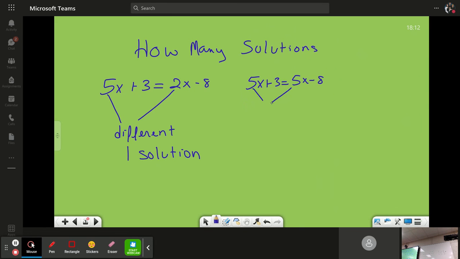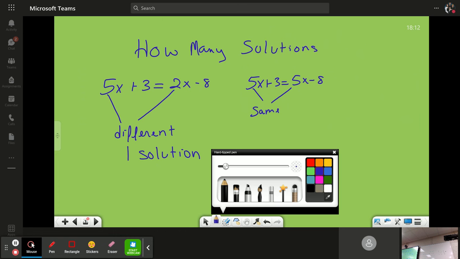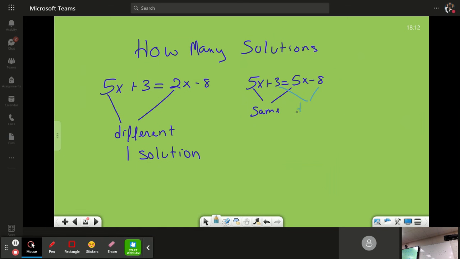Okay? However, what if you had 5x plus 3 equals 5x minus 8? Now this time my coefficients are the same. My constants are different. There is no way I can multiply both by 5 and then do something different, and it's going to come out true.